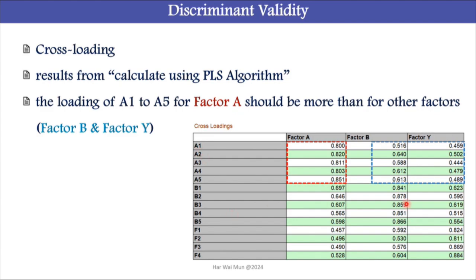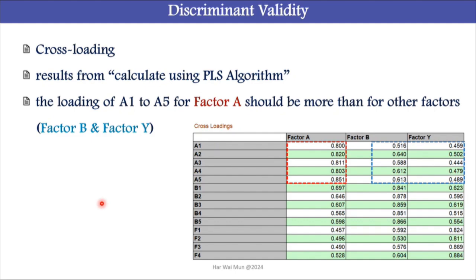It should be like that. And if F1, F2, F3, F4 are your intention to measure factor Y, then the factor Y loading should be higher than the numbers for B and A. In this case, you meet the criteria, then it's okay. Okay, so far so good.